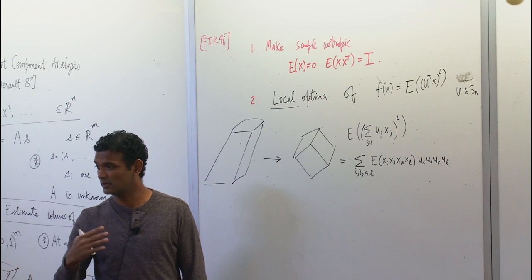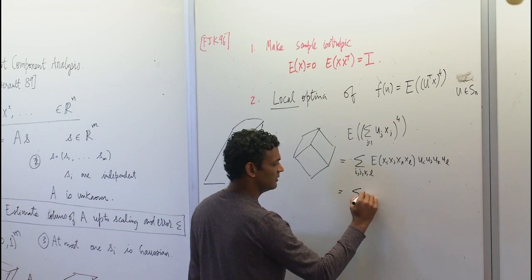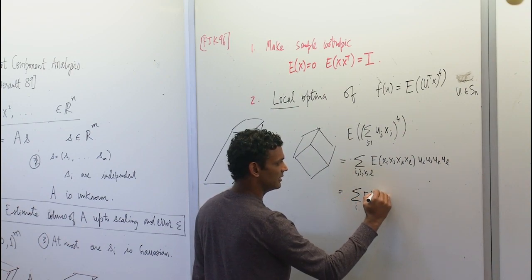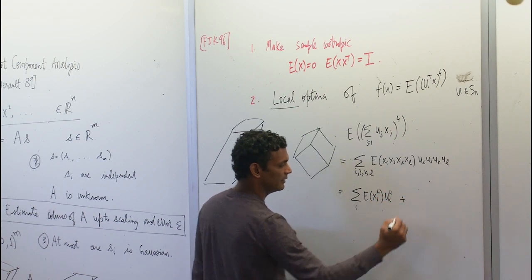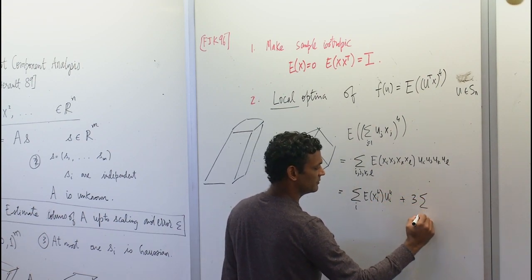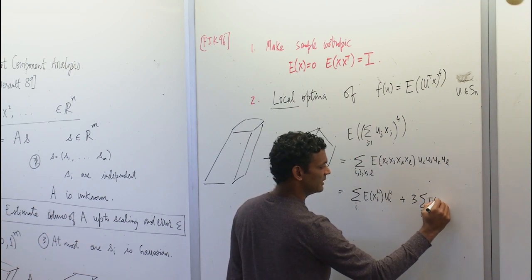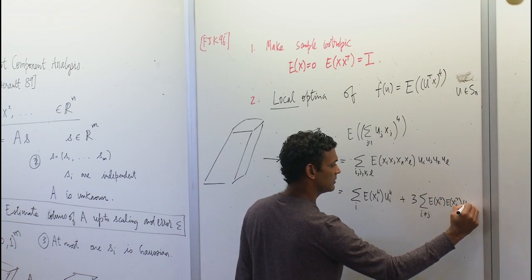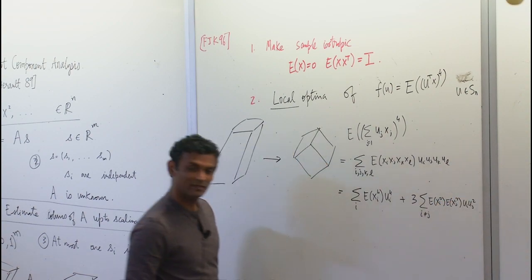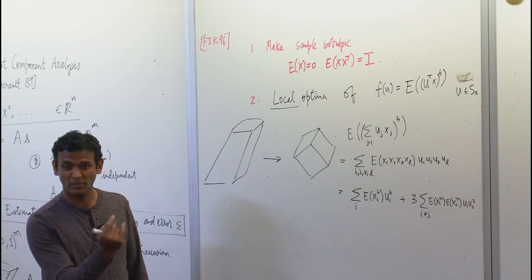So all the odd powers vanish, including powers of 1 and 3. Only the others survive. So what are you left with? The summation over i of the expectation of x_i to the 4th times u_i to the 4th, and then 3 copies of the summation over i not equal to j of the expectation of x_i squared x_j squared, because everything else has an odd power.